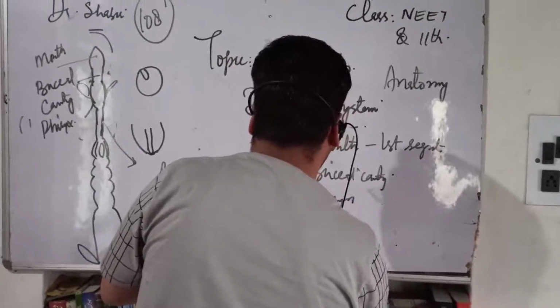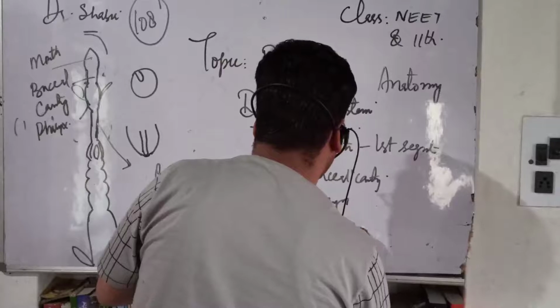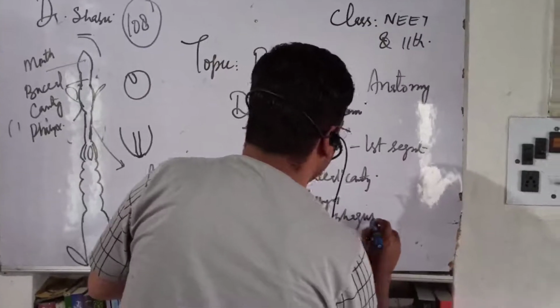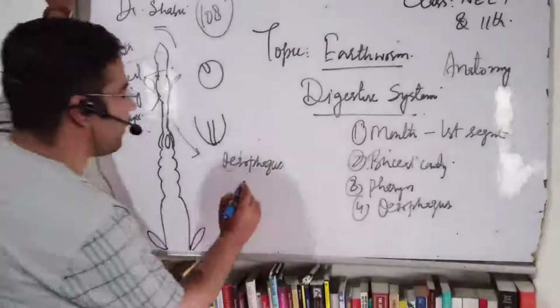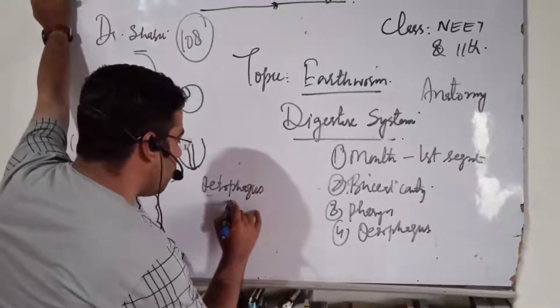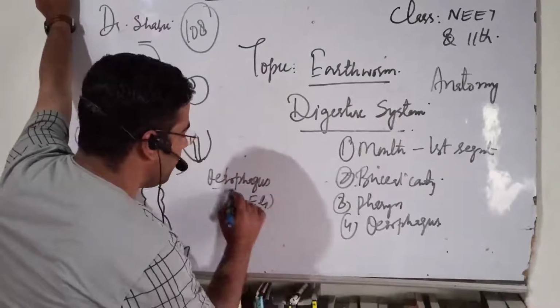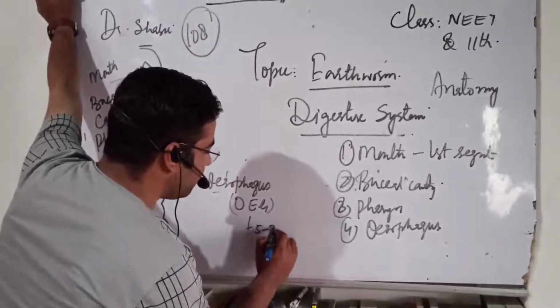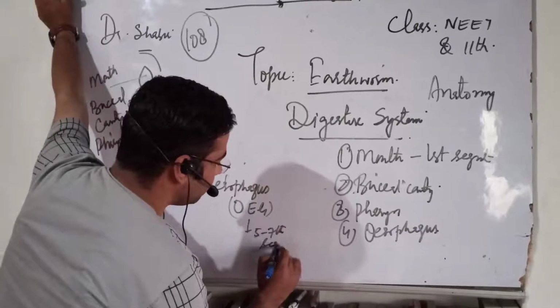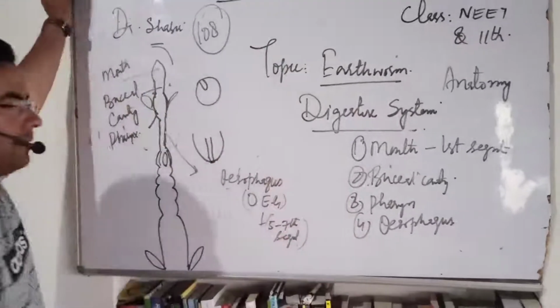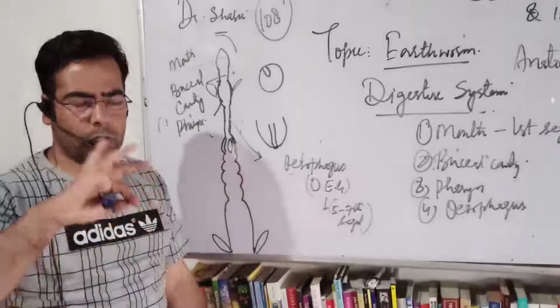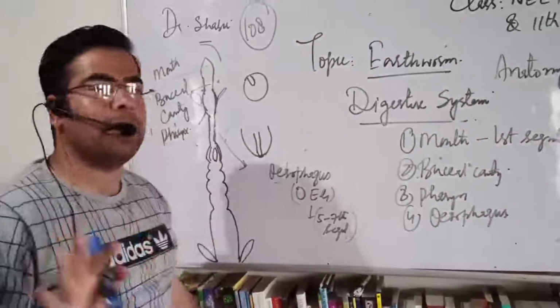And pharynx के बाद we have esophagus. So esophagus is a narrow tube. Esophagus runs from O, E and G. E is your fifth to seventh segment. हालांकि यहाँ पे, you don't have to remember the segment यहाँ पे.